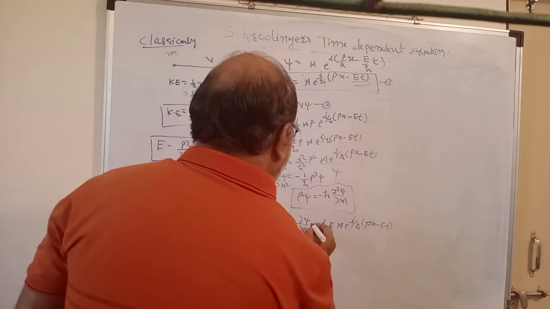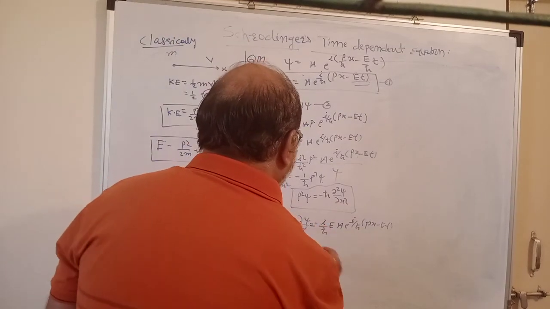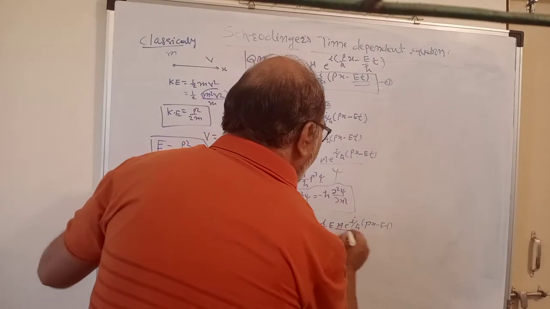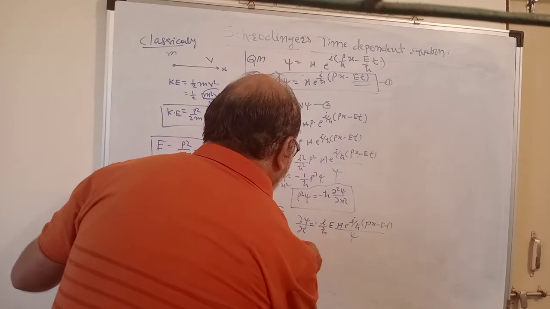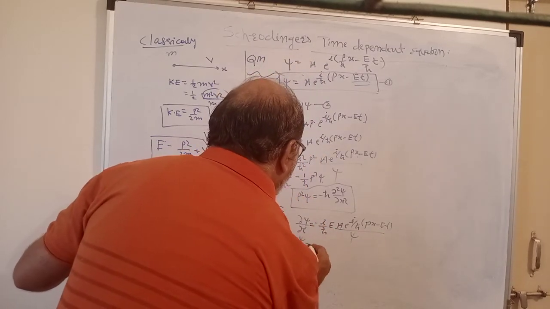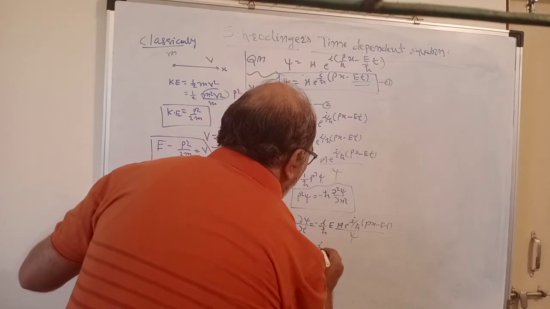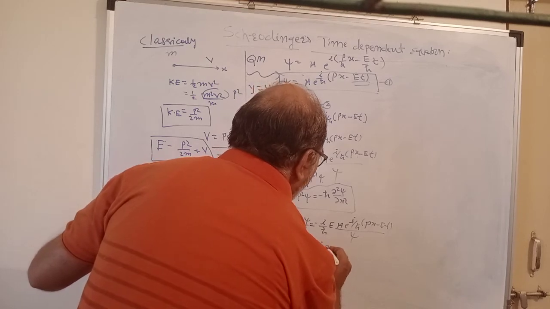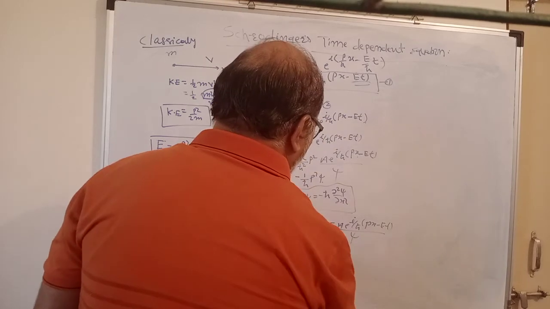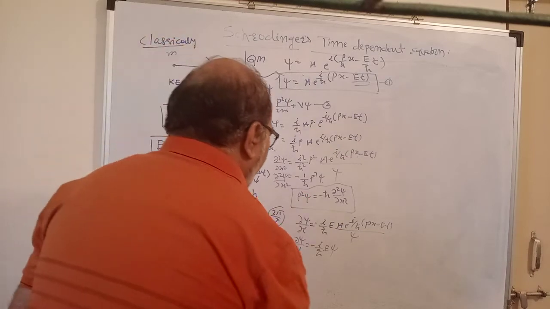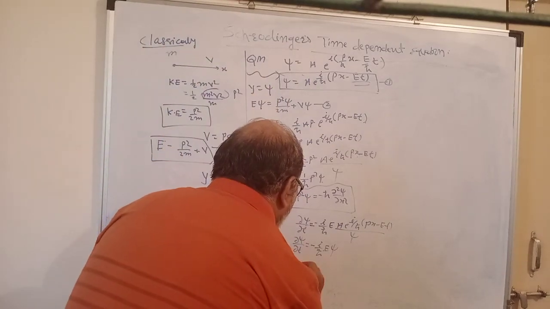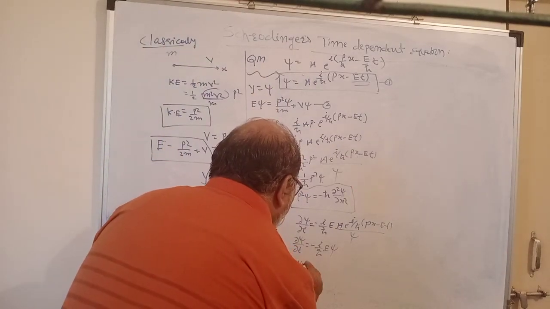Okay, so this is nothing but Eψ, and therefore ∂ψ/∂t is equal to minus i/ħ Eψ. We are going to find out the value of Eψ.